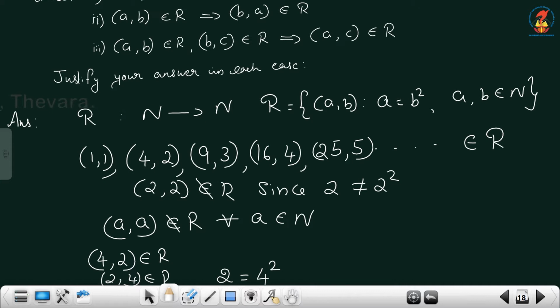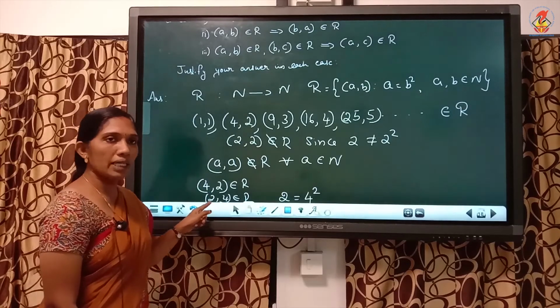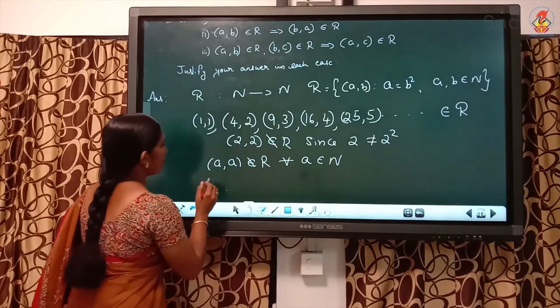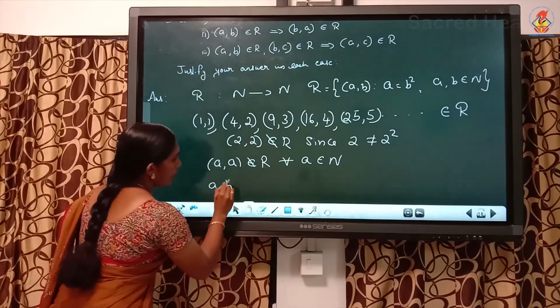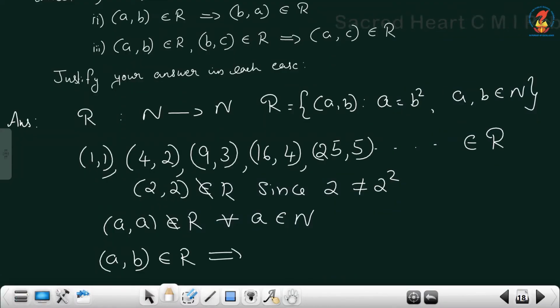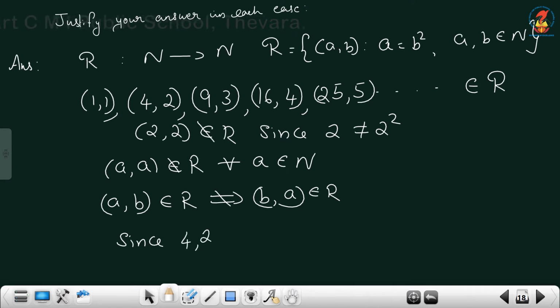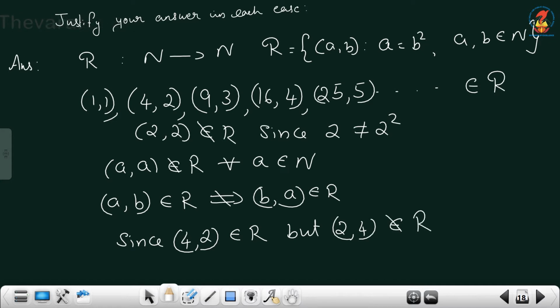No. So, (4, 2) belongs to R does not imply (2, 4) belongs to R. So, we can write (a, b) belongs to R does not imply (b, a) belongs to R. You have to write the reason. What is the reason? You can give one example: since this element (4, 2) is an element of R, but (2, 4) is not an element of R.